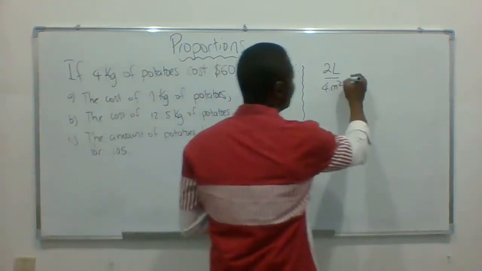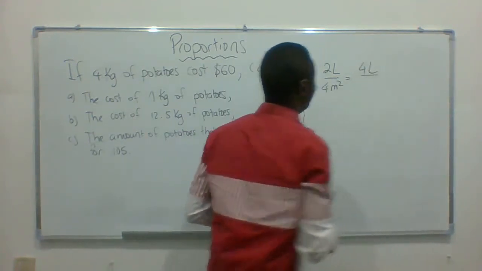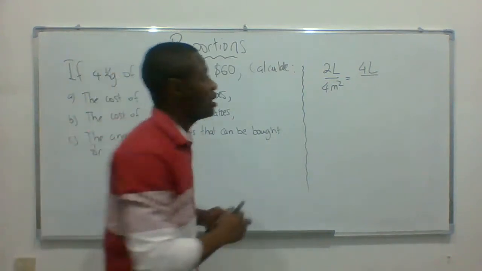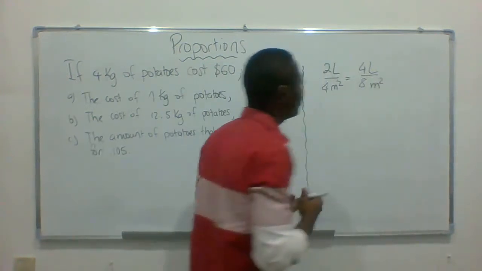So if I want 4 liters, what is the space I'm going to water here? Obviously it's 8 square meters.